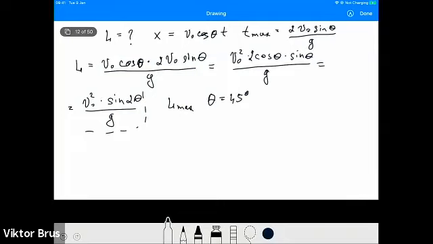Okay, so now we know the maximum length, the maximum time, the duration of the flight, and the maximum height. What I would like to underline is that there is another option to deal with this projectile motion, which is kind of useful. We can derive an equation which describes the trajectory of the body.